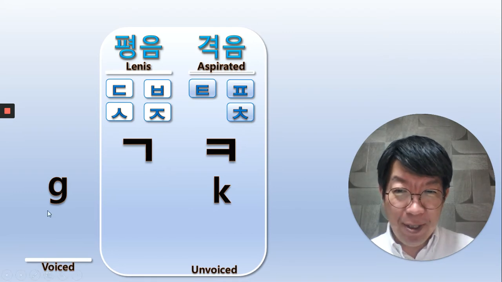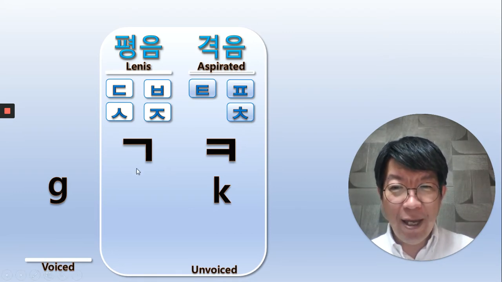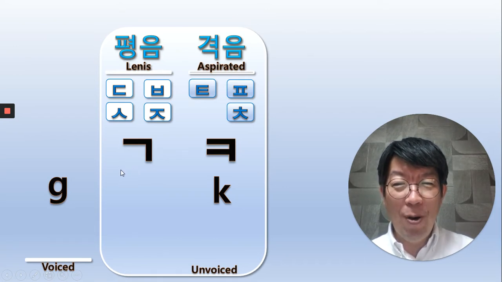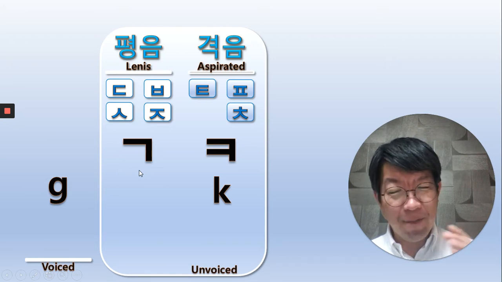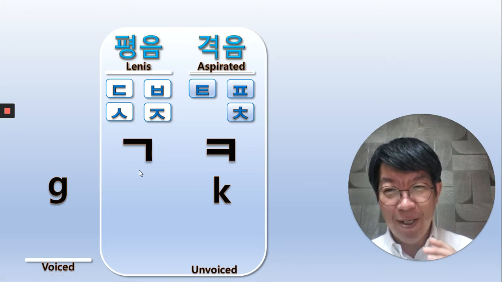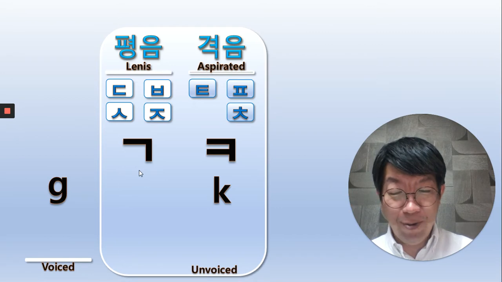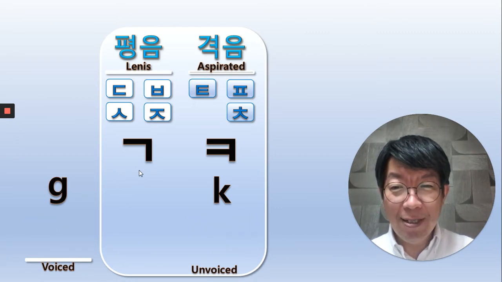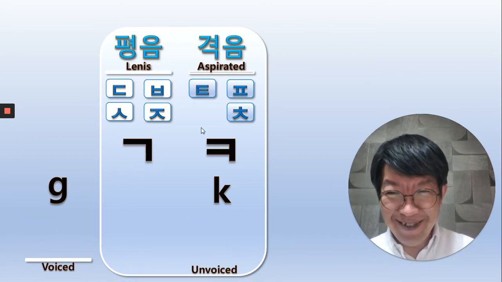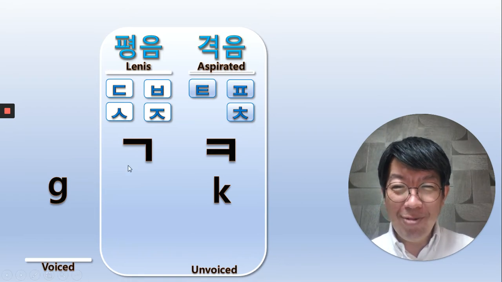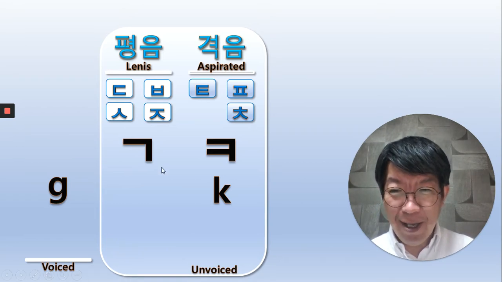So here, because there is no vowel, we need to put one more vowel. That vowel is an effortless vowel, and we call it a helping vowel. So this one we pronounce g, okay, g.